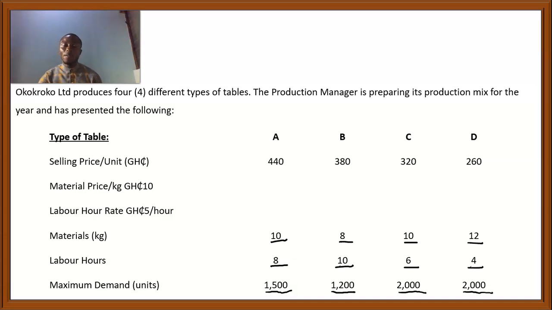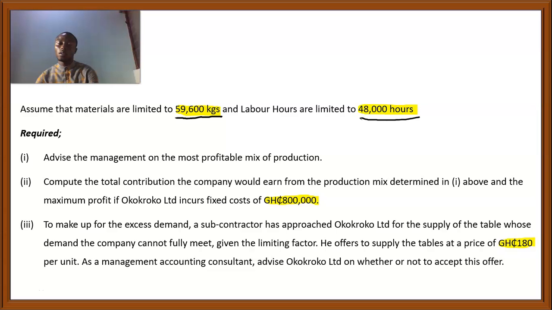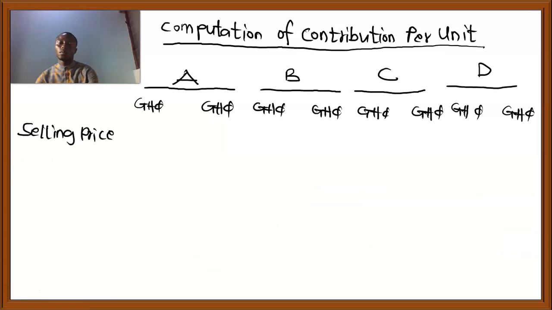For table A, we have a selling price of 440, table B 380, 320 for C, and 260 for D. So we have 440 here, 380, 320, and 260. Then we will less our variable cost.